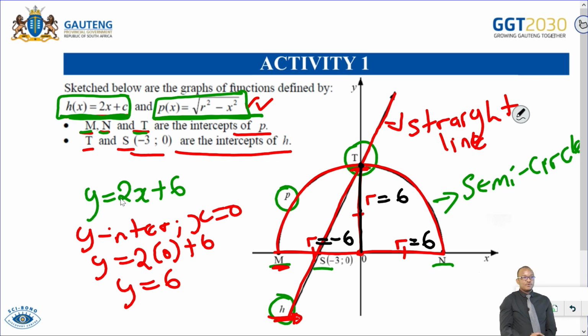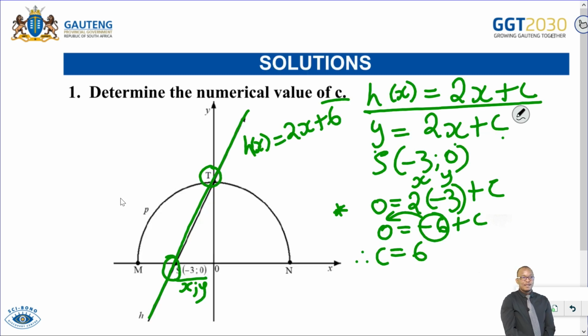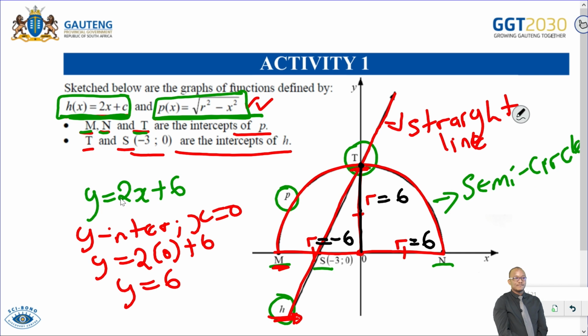So now, we can go and check our question. The question says we must write down the coordinate of M. And with what I have shown you here, for us to get M, remember the distance from O to M, O to T, and O to N are equal in length.